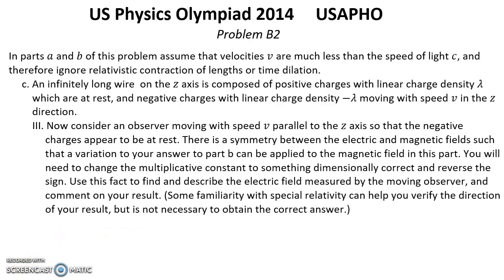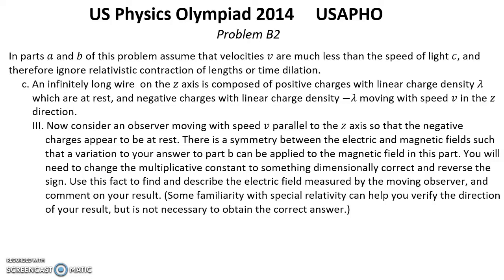Question 3. Now consider an observer moving with the speed v parallel to the z-axis, so that the negative charges appear to be at rest. There is a symmetry between the electric and magnetic fields, such that a variation of your answer to part B can be applied to the magnetic field in this part.